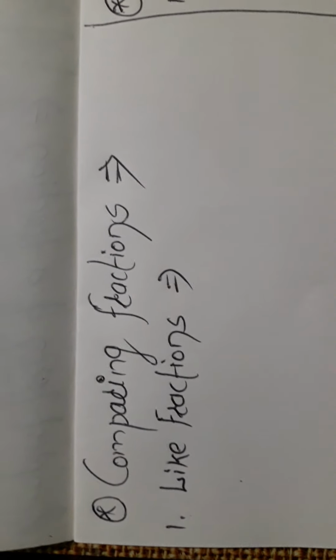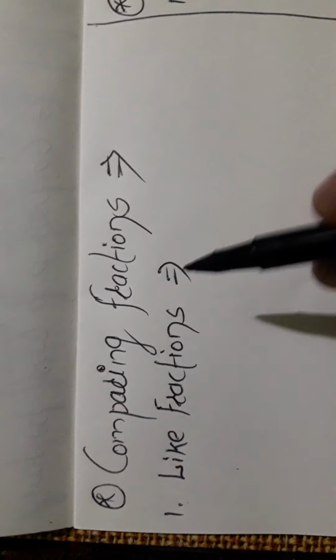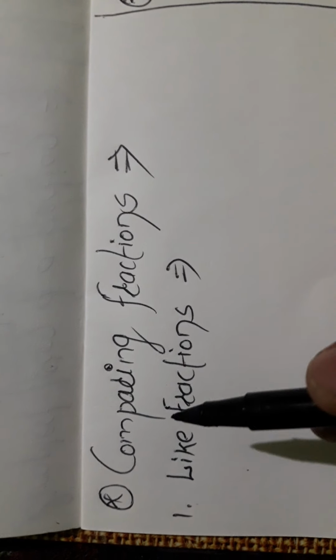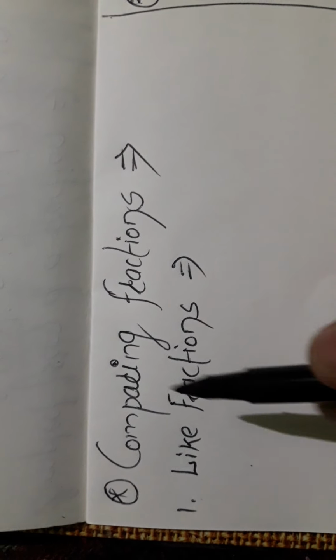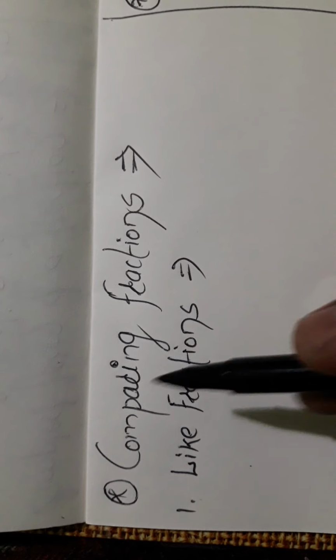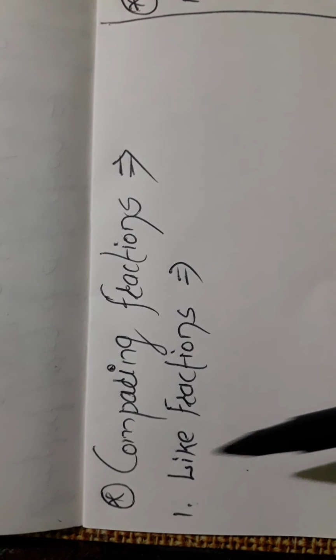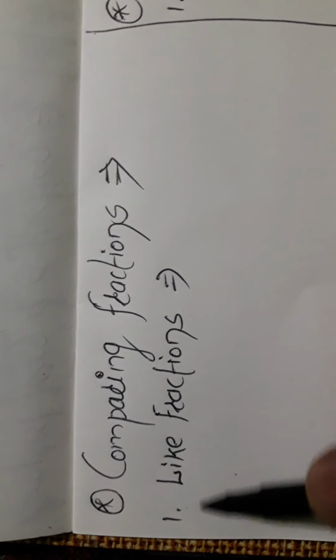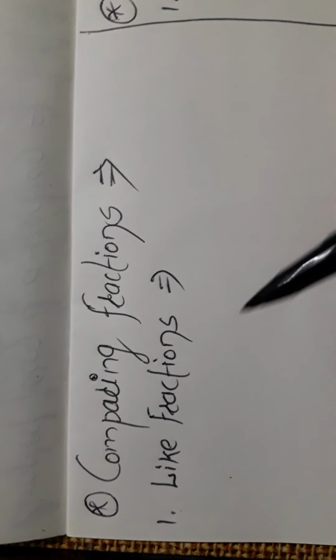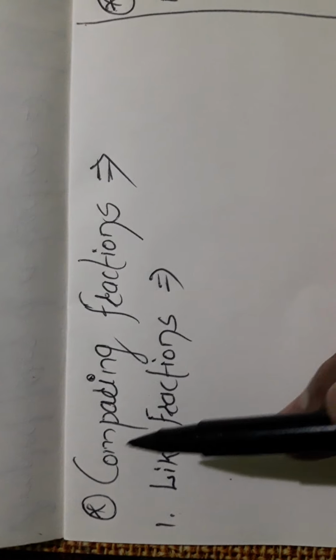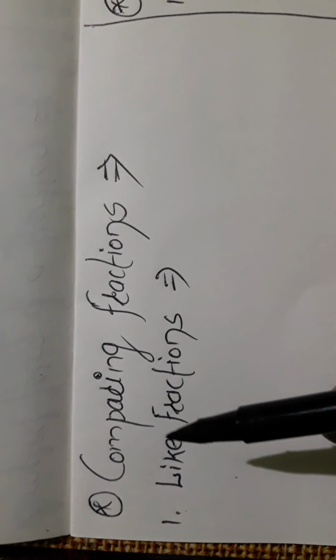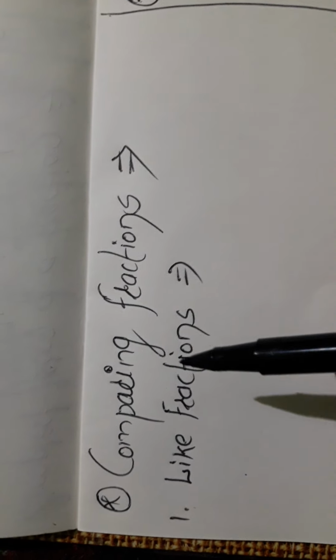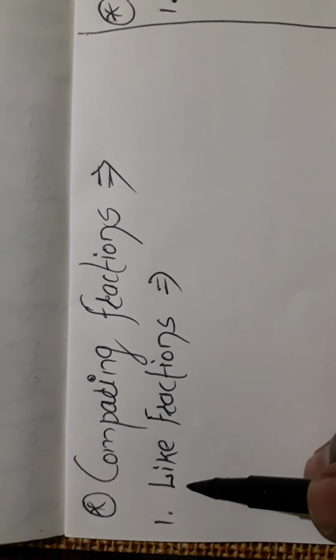Okay, first of all I will explain what is meant by like fractions. I think many of you have heard this word, like. Like means similar. Generally we take the word like as meaning a choice, but it is also used as a synonym for similar.